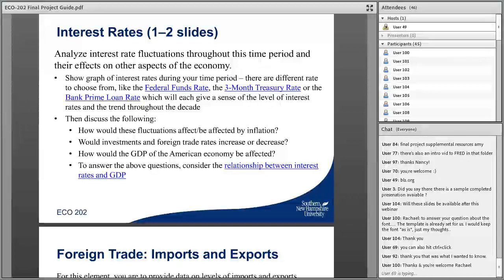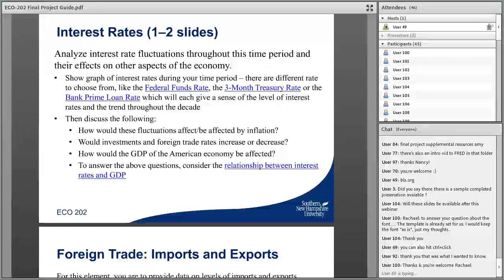So that is what you need to explain regarding the interest rates. Looking at the fluctuations, you can explain how those interest rates would have affected inflation, investment, foreign trade, and how the GDP would have been affected by the interest rate fluctuations.